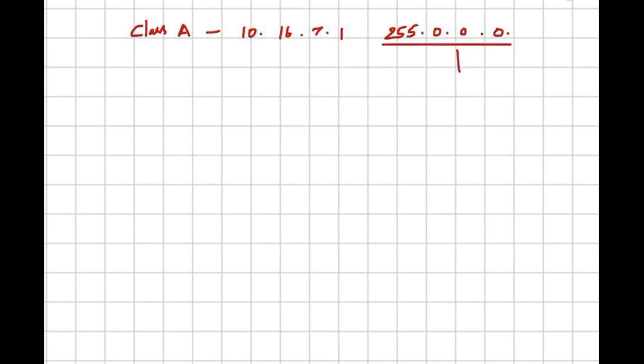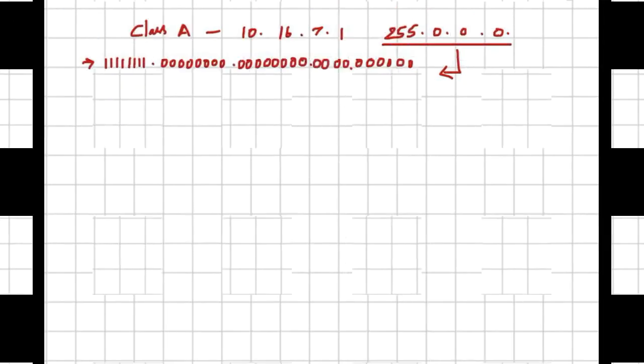Another page. This is a Class A network, for example 10.16.7.1, and the default mask is 255.0.0.0. So to work around this, you write this in binary form, 11111111.